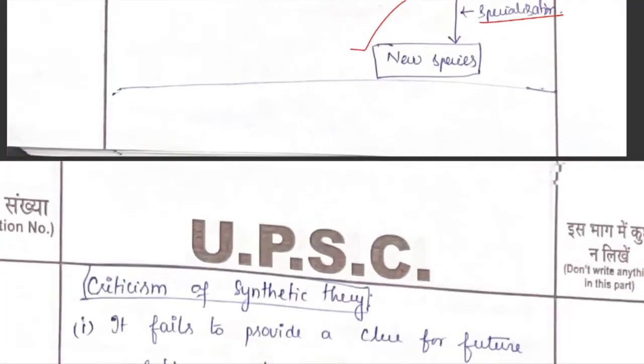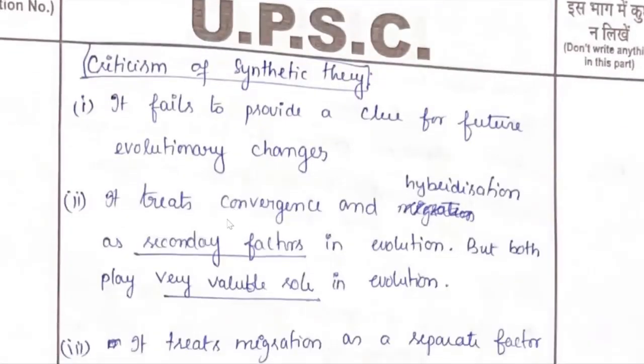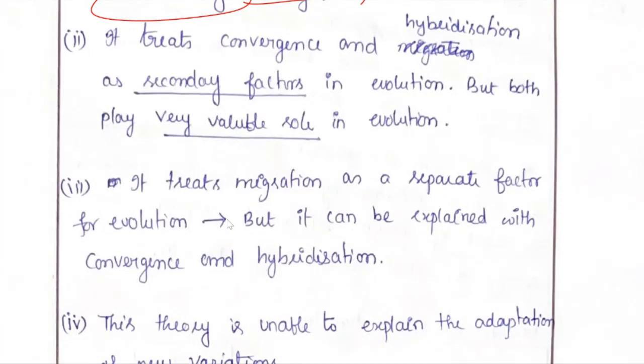Now let us look at the criticism of the synthetic theory of evolution. It fails to provide a clue for future evolutionary changes. It has explained how evolution has happened, what genetic and evolutionary trends have happened, but did not provide any information related to future trends. Similarly, it treats convergence and hybridization as secondary factors, but their role in variability is very high. It also treats migration as a separate factor, but it can be explained with the help of hybridization or convergence.